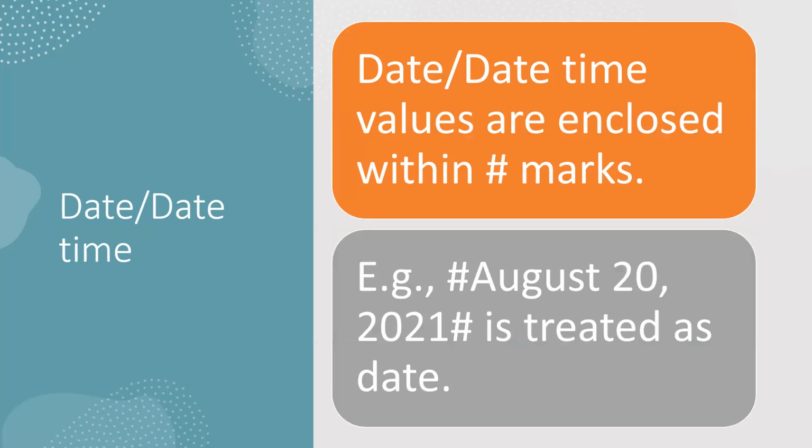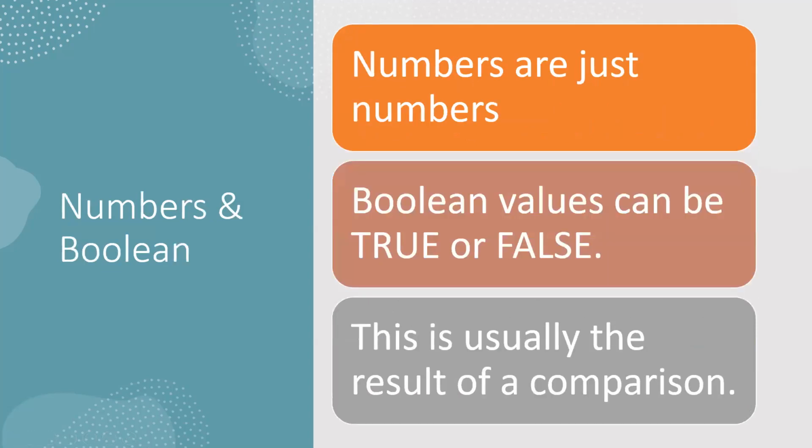Date time values are enclosed within hash marks. Whenever we have hash marks, for example #August 2021# with a hash at the start and at the end, that is treated as a date. The numbers are just numbers, and boolean values are true or false.